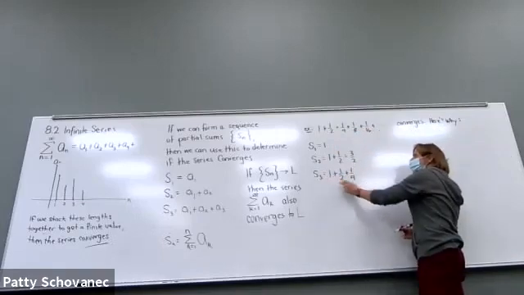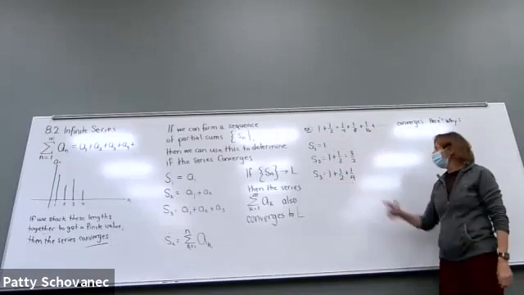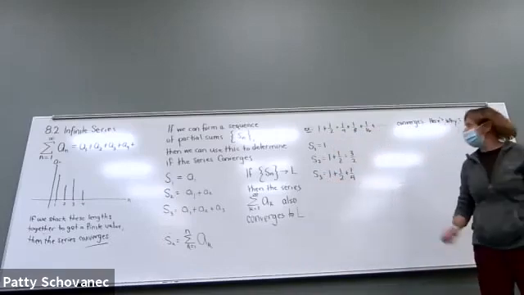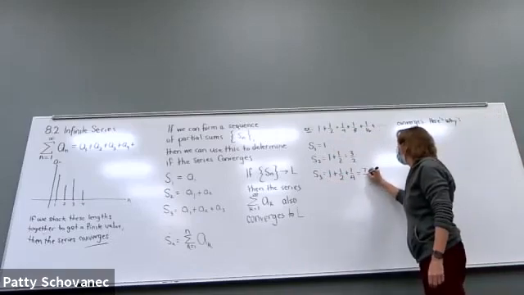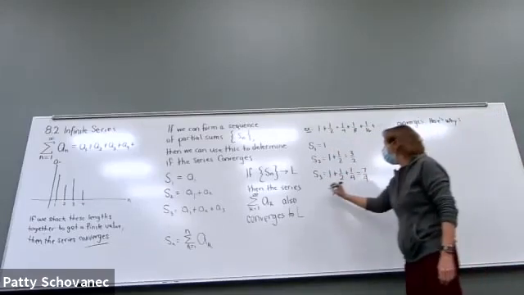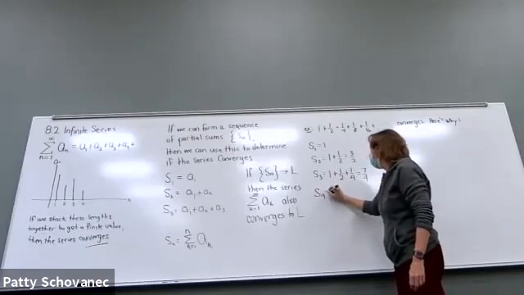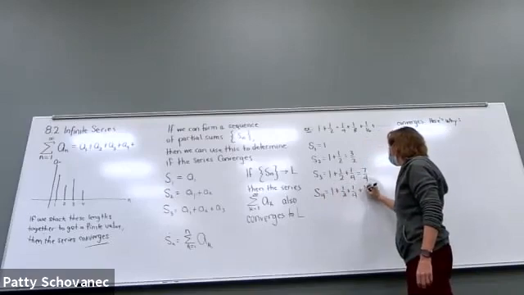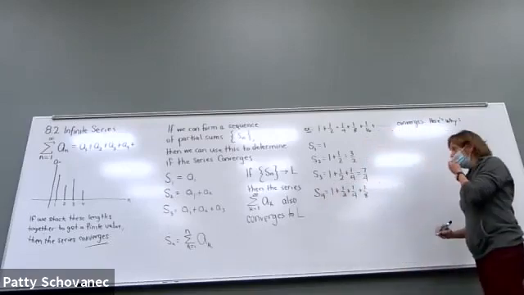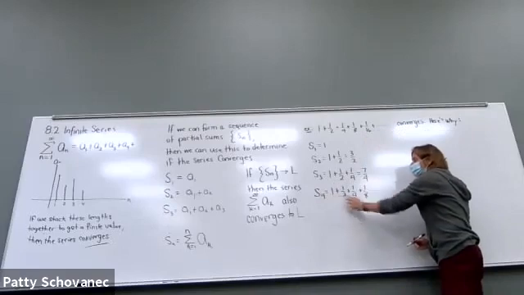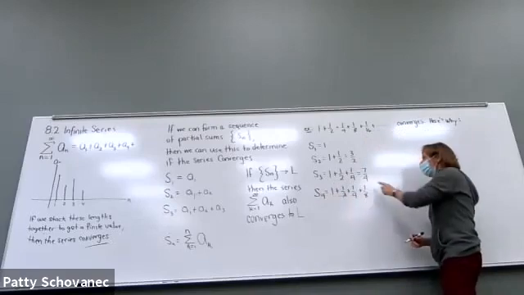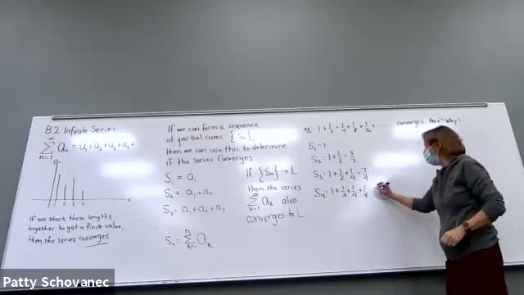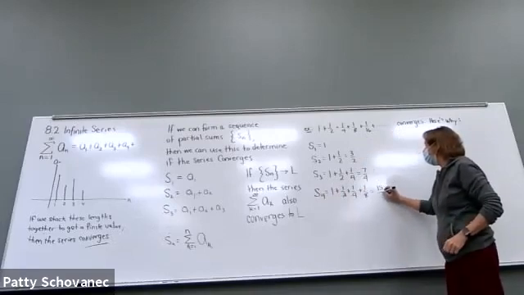So if I take my 3 halves and add 1/4, then I have 6/4 plus 1/4 is 7/4. My fourth partial sum looks like 1 plus a half plus a fourth plus 1/8. So if I take my 7/4 now and add 1/8, I can think of 7/4 as 14/8 plus 1/8 is 15/8.